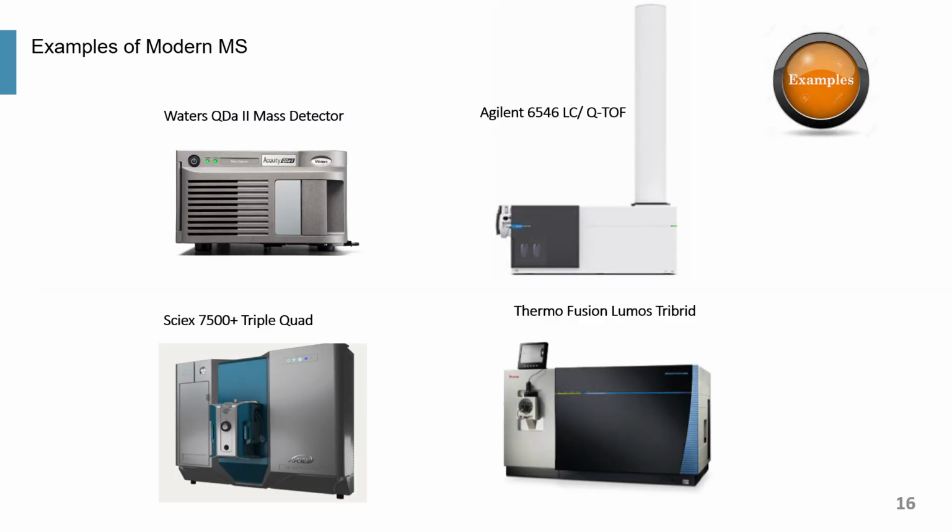Some prominent examples are shown here. First one is the Waters QDa mass detector, a very low cost and actually quite powerful favorite for a chromatographer without a lot of expertise in mass spec. Very easy to use. Also, this is one of the top Agilent LC QTOFs shown here.